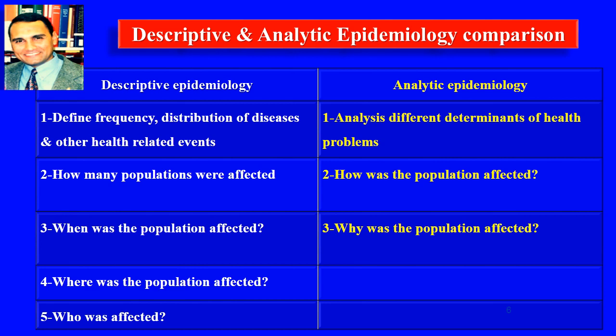Descriptive epidemiology asks when the population was affected, while analytical epidemiology searches for why this population was affected. Descriptive epidemiology asks where the population was affected and who was affected in this population.